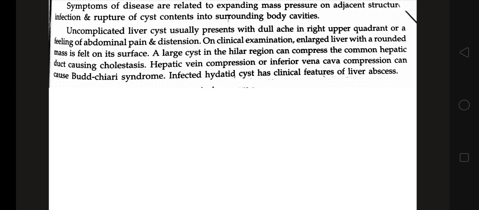Hepatic vein compression or inferior vena cava compression can cause Budd-Chiari syndrome. An infected hydatid cyst has the clinical features of a liver abscess.